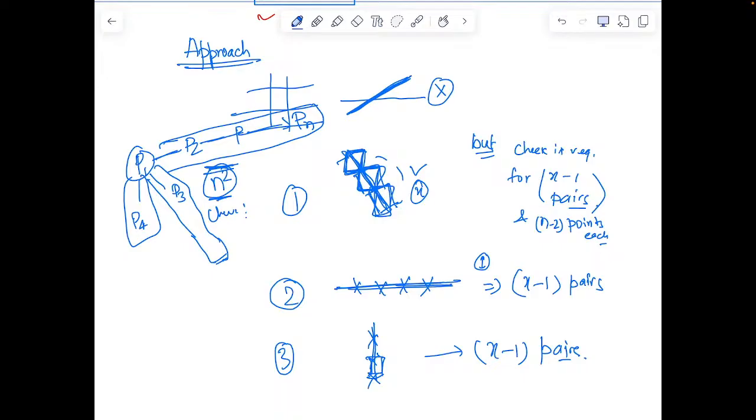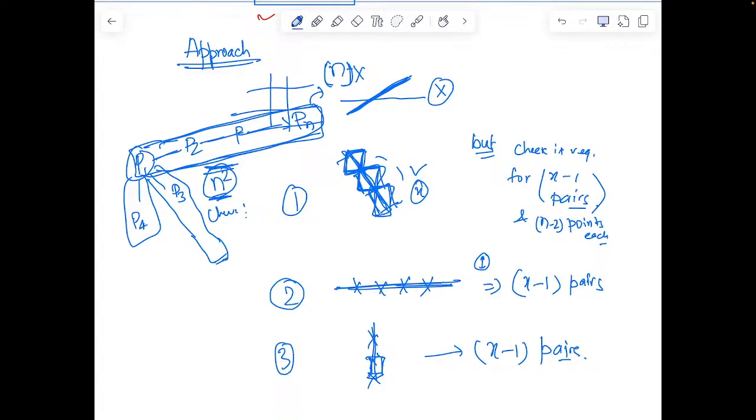And let's say we found these kinds of slopes, then across all those slopes there could be at max, I think, probably n pairs, and for each pair you have to check all other points.